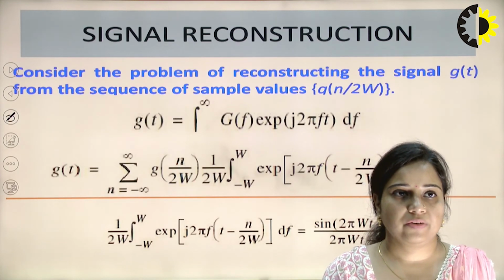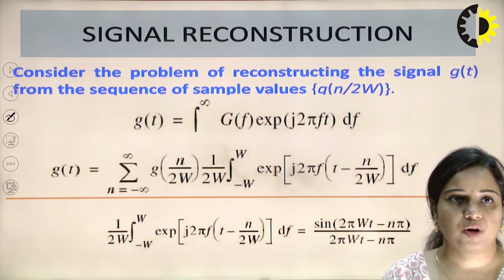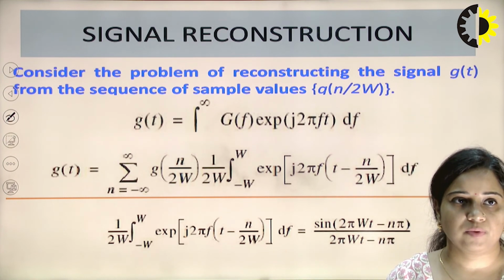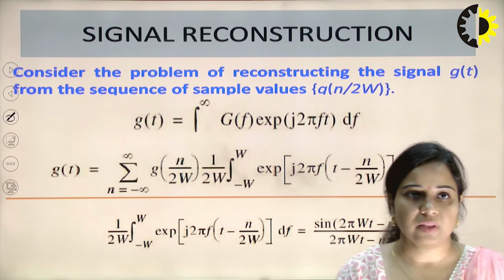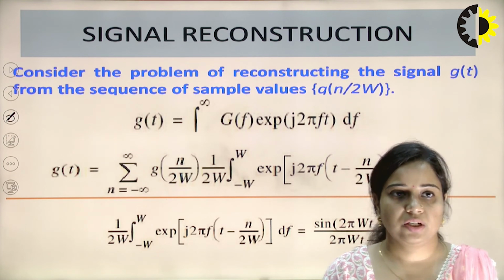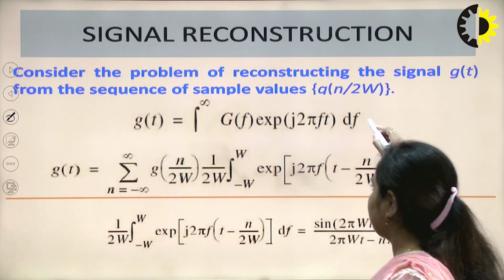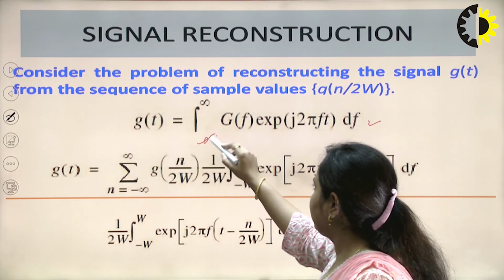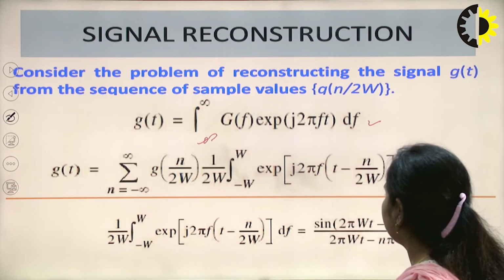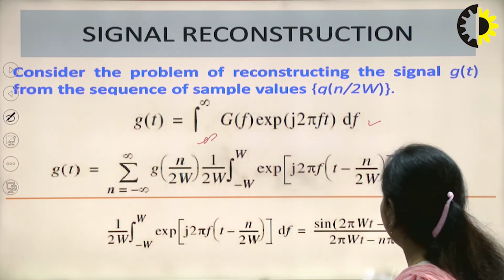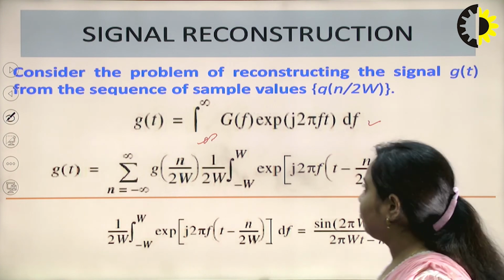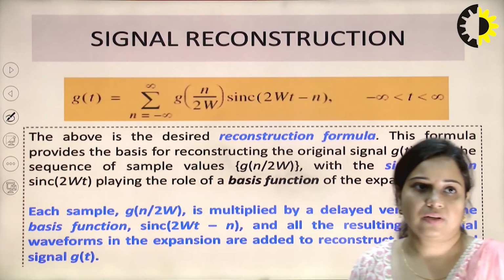Now the signal reconstruction: consider the problem of reconstructing the signal from the sequence of sample values. So, g(t) will be defined by this equation, the integral from minus infinity to infinity of G(f) e to the power j2 pi f t df. Now, this will be given by this particular formula. So, that is the signal reconstruction case.